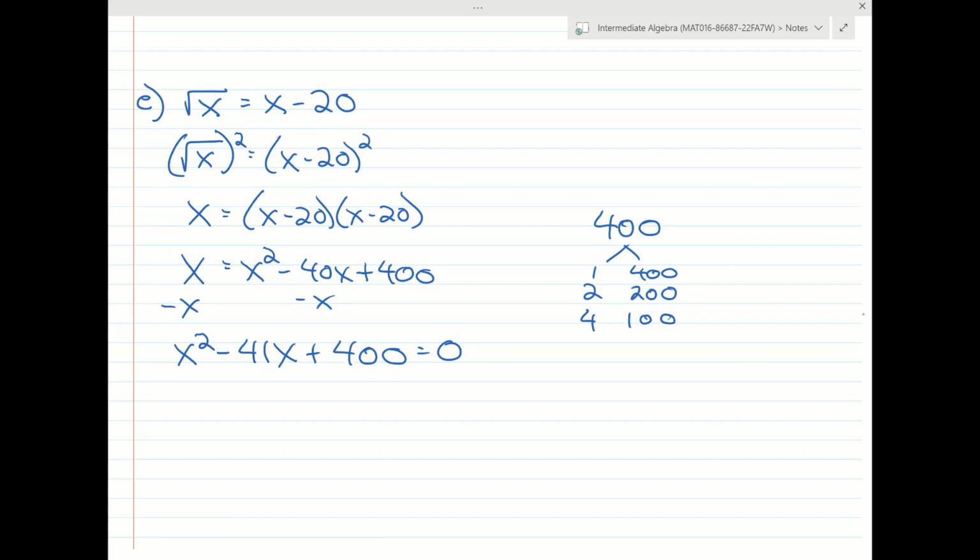We talked about factoring trinomials. Let's see, 400 divided by 5. That's 80. We're getting closer to 41. 400 divided by 6 doesn't work. Divided by 8, 8 and 50. No. 400 divided by 9. Nope.